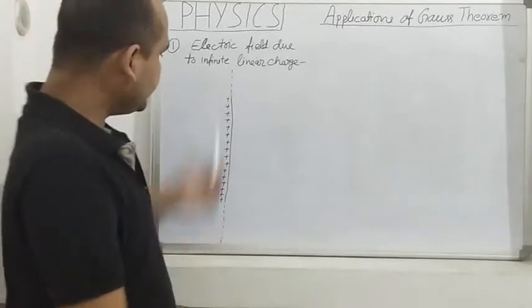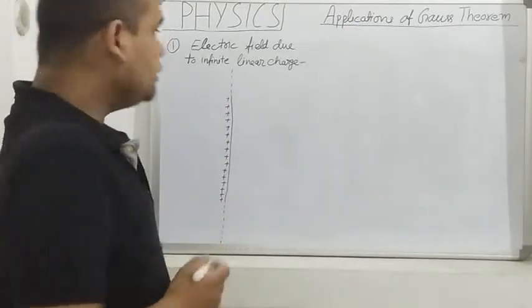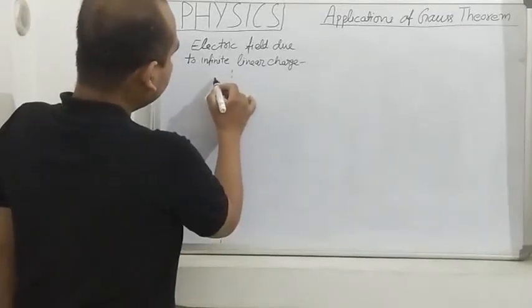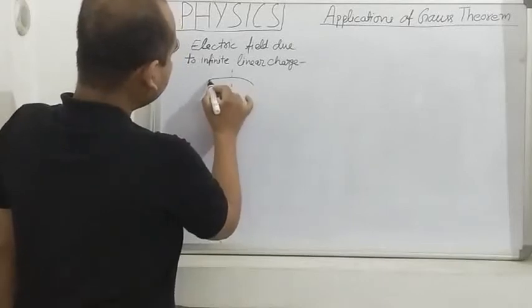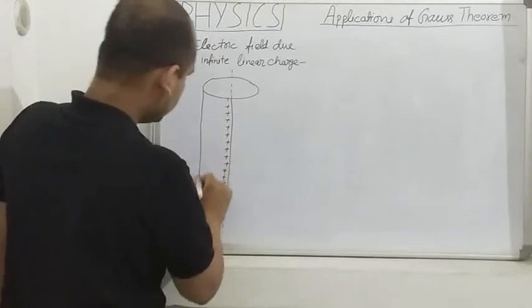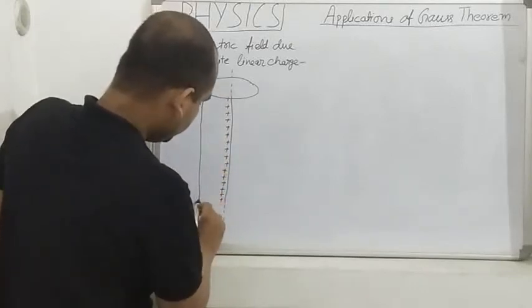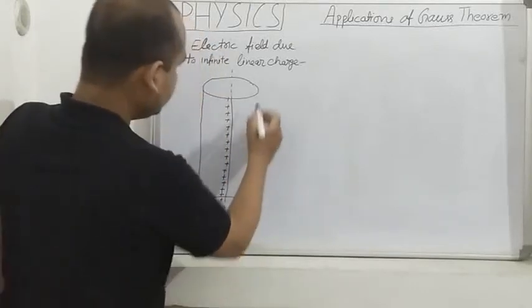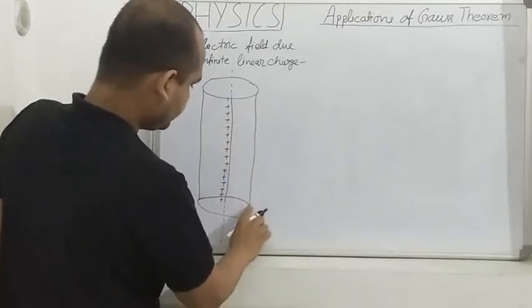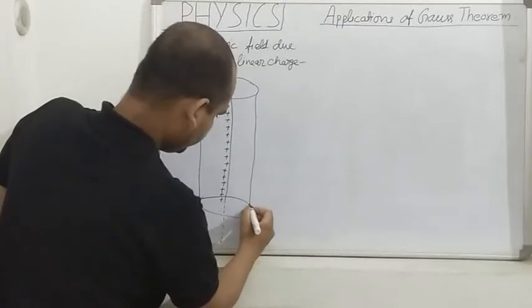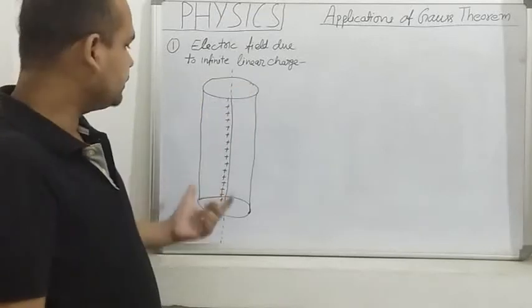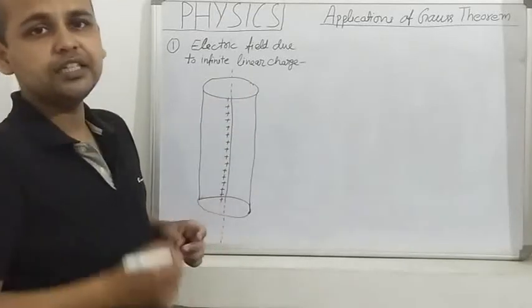So for a linear charge, we will choose a cylinder which will be coaxial to this linear charge.